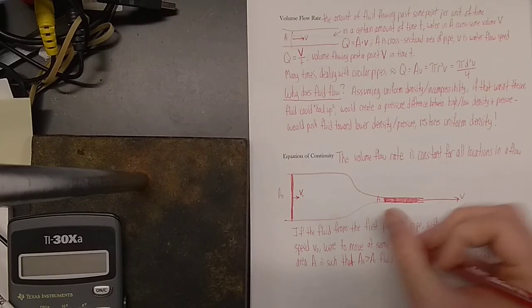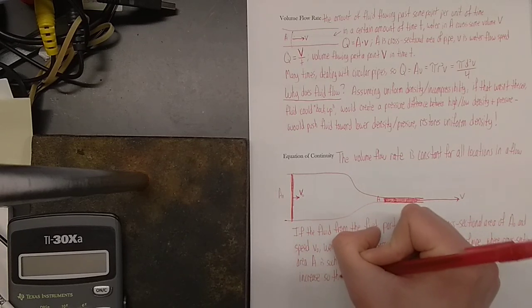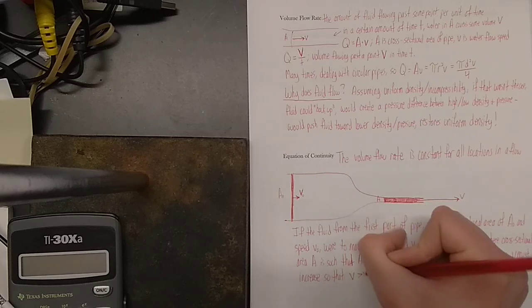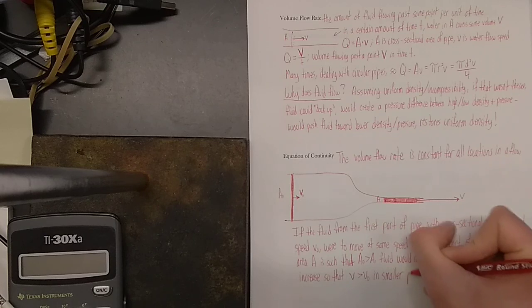the velocity must increase so that V is greater than V naught in the smaller part of the pipe.